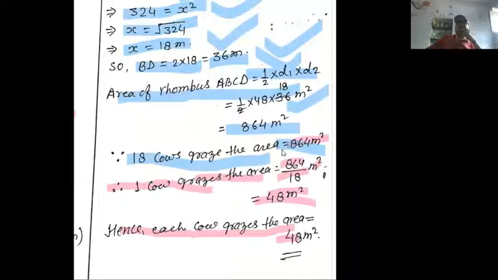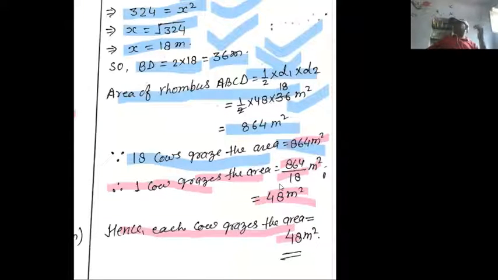By 2 cancel 36, 18. 48 into 18 equal to 864 meter square. Total area of the rhombus of green grass field is 864 meter square.